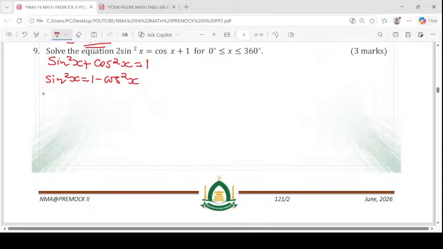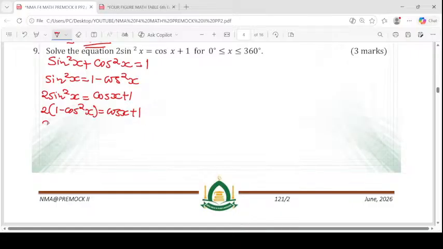So when I have 2 sine squared x being equivalent to cos x plus 1, I know that sine squared x can be equivalent to 1 minus cos squared x. So I do substitution, and this will become 2 into 1 minus cos squared x is equal to cos x plus 1.